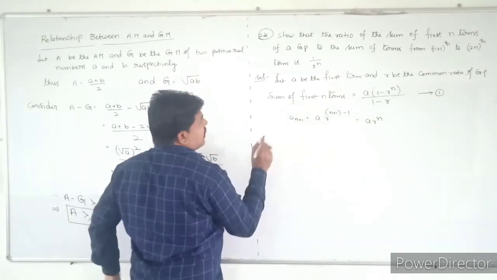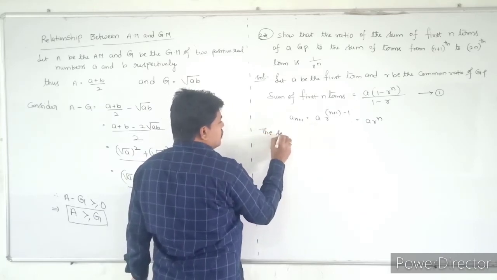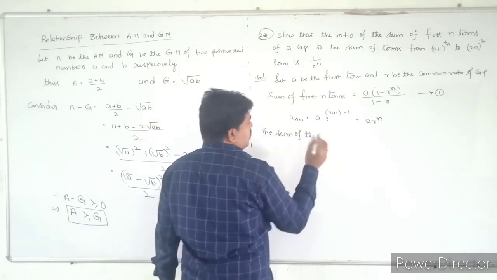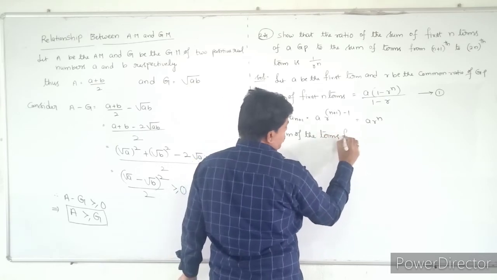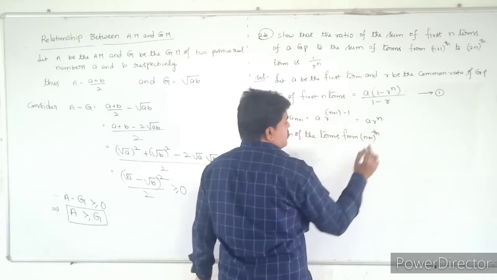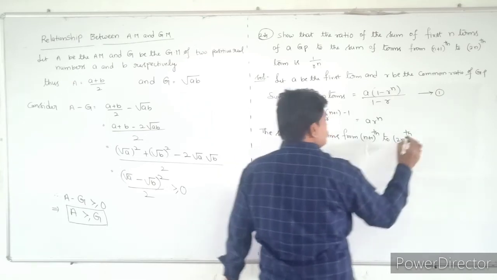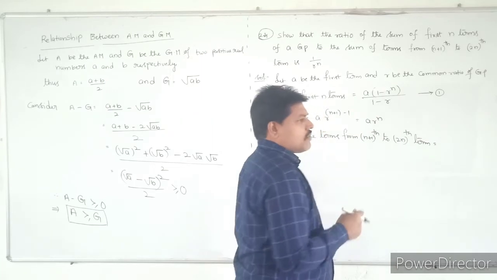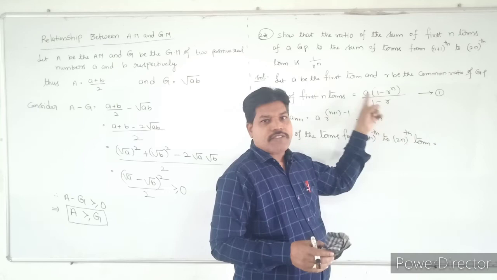So the sum of the terms from n plus 1 to 2n terms is equal to, what is the same formula? A into 1 minus r power n by 1 minus r. But what is the first term?